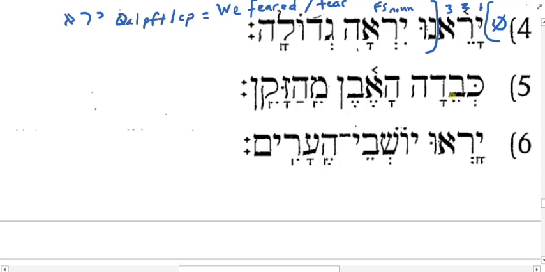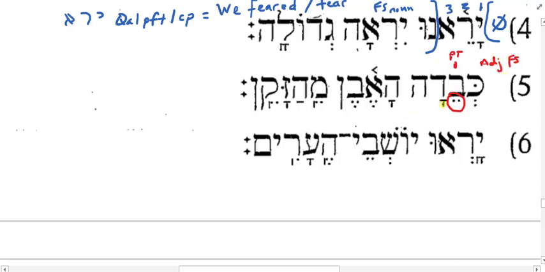The important question ends up being, what happens to this open pretonic syllable? Did it reduce to a vocal shewa? It did not. No. So this is actually the adjective, feminine singular of kaved.